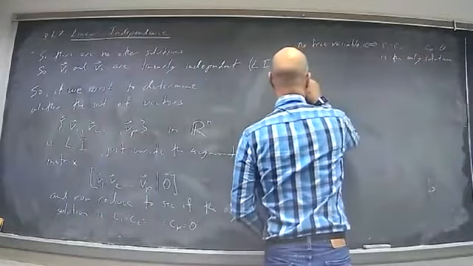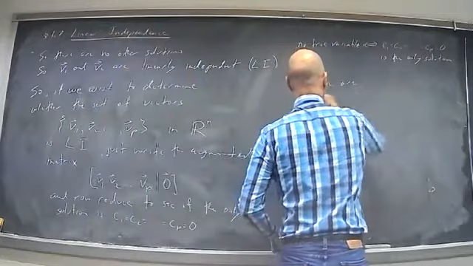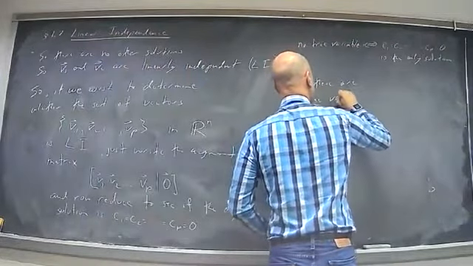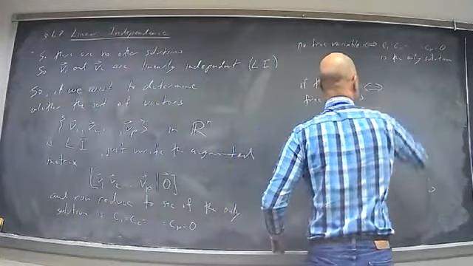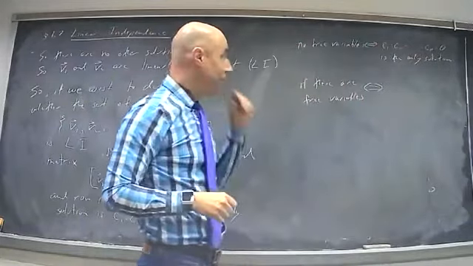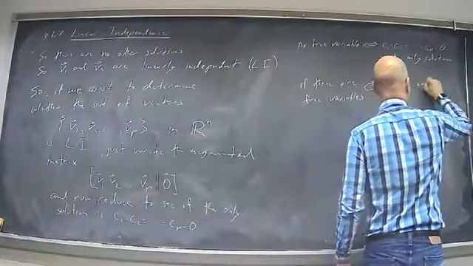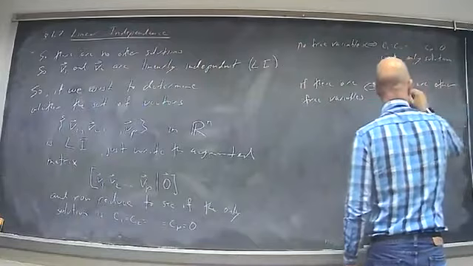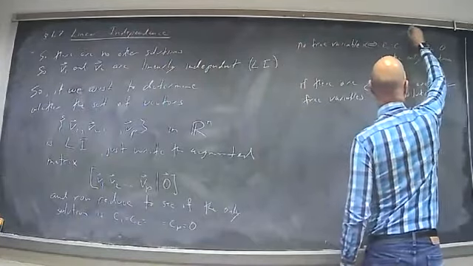If there are free variables, so if there's at least one column without a pivot position, then there are other solutions. So this one's the linearly independent one.